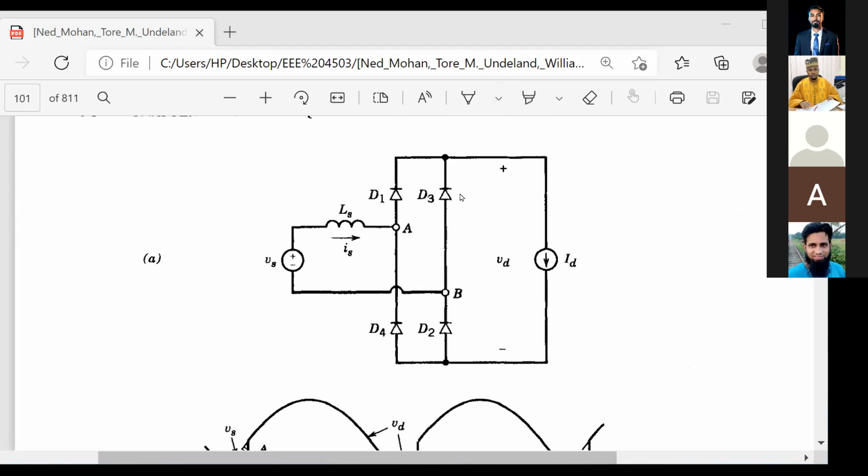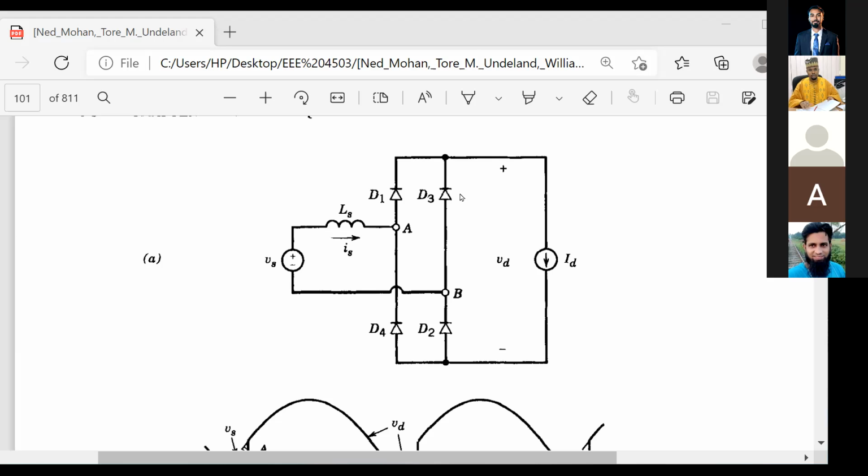What is this figure? Full wave rectifier, bridge rectifier. Full wave bridge rectifier. Good. Okay, good.